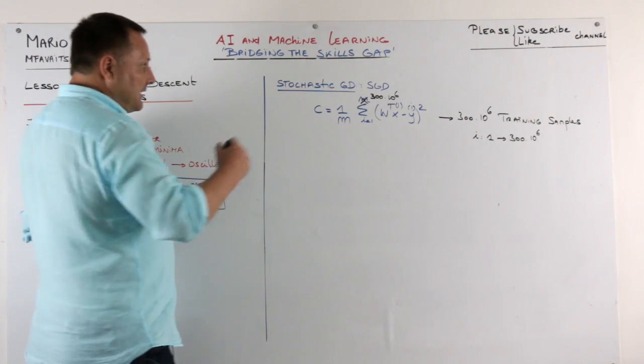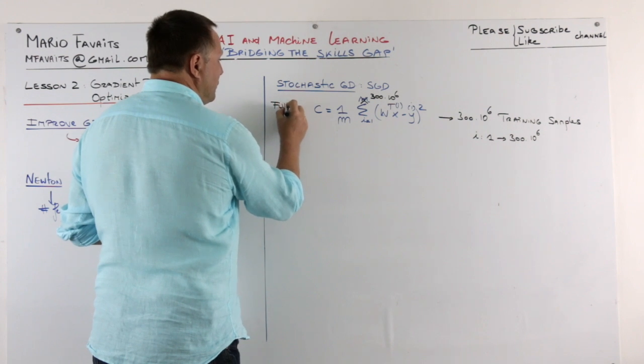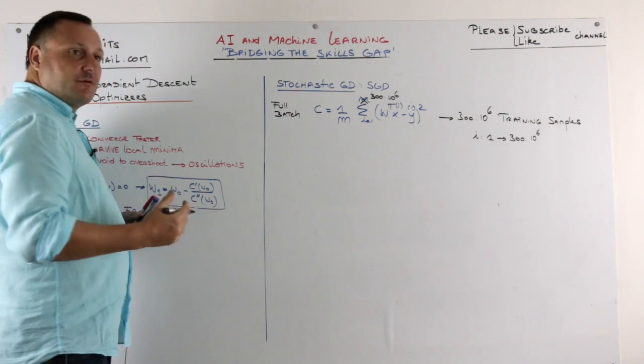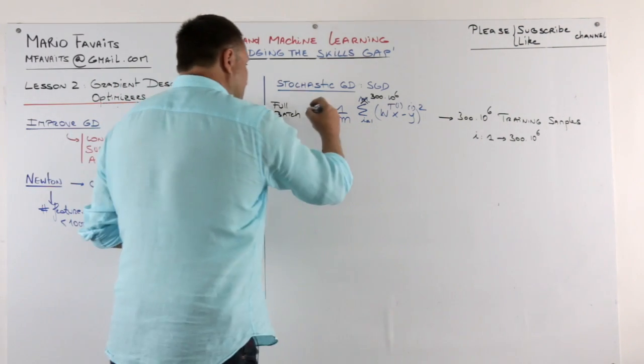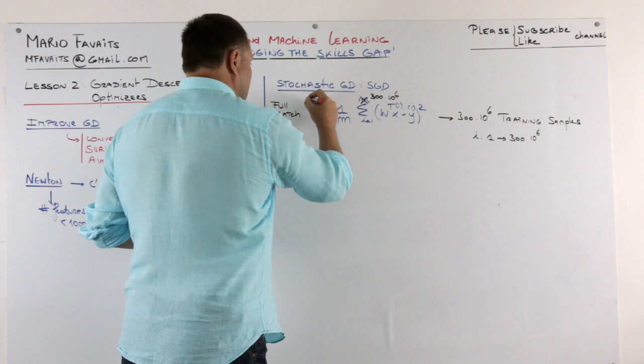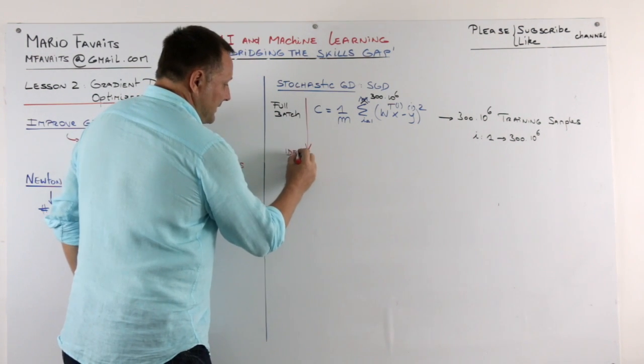Now, what is the idea? That was full batch gradient descent. It's all we have looked at for the time being. Now, stochastic gradient descent, what does it do? Well, it's quite simple. The idea is the following.